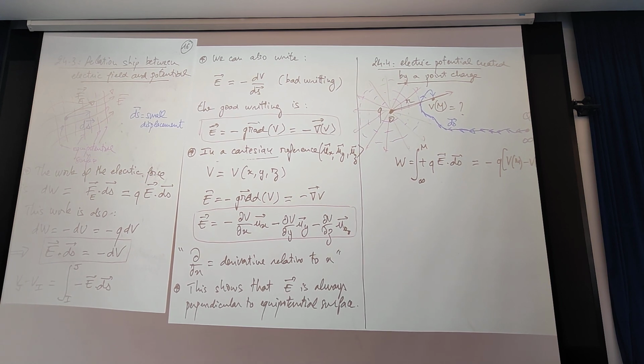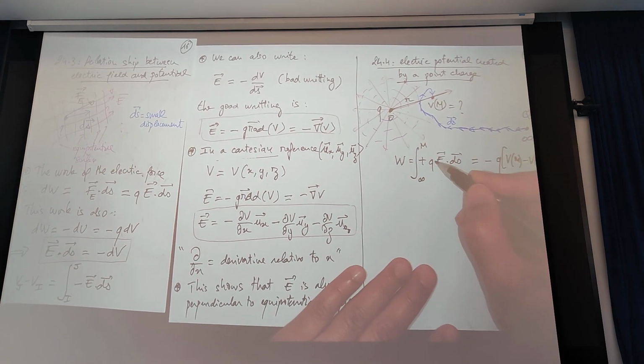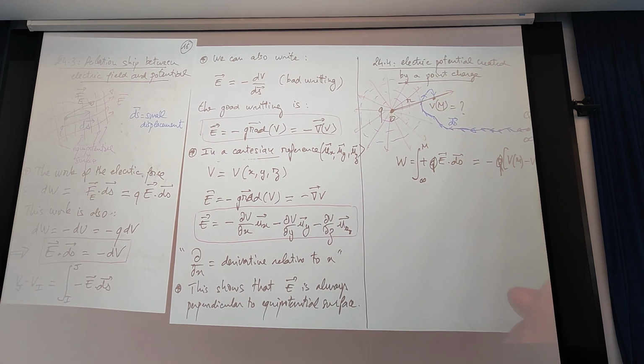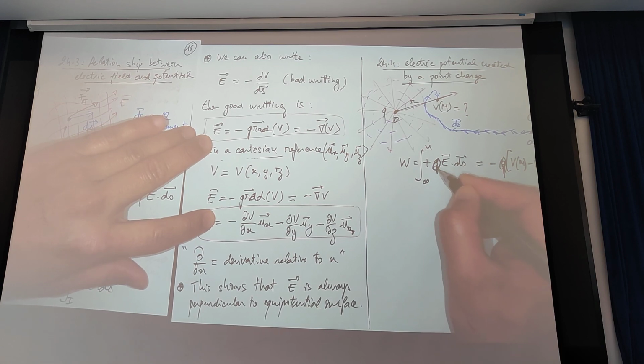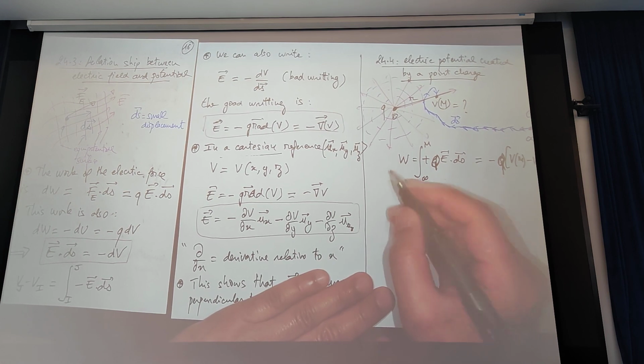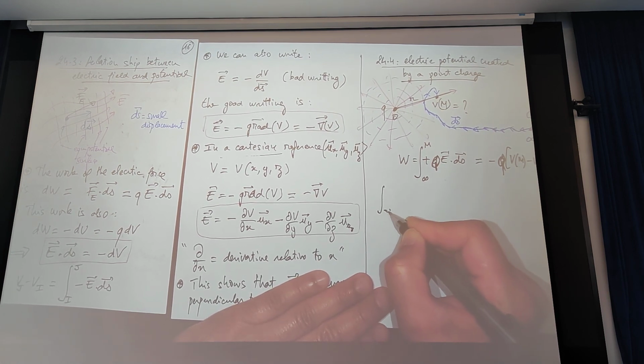So the work to do this process is the integral from infinity to M of the force times the displacement, and we know that this is just minus big Q times V of M minus V of infinity. This is big Q.